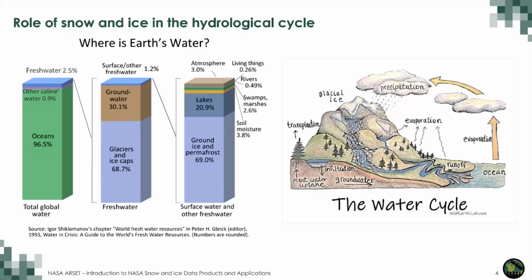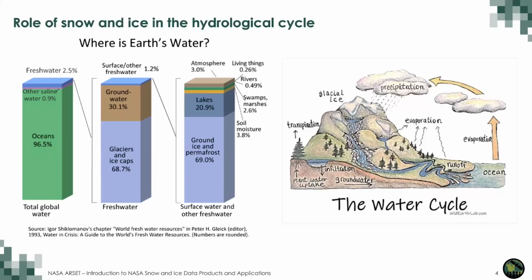And of that, 70% is locked up in glaciers and ice caps. Most of that is in the Antarctic and Greenland ice sheets. And the remaining amount, which is very small, only about 40,000 gigatons, is locked up in mountain glaciers at lower latitudes.